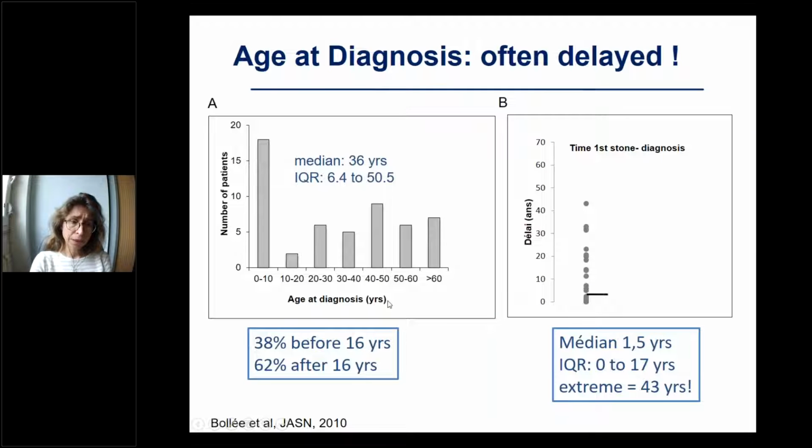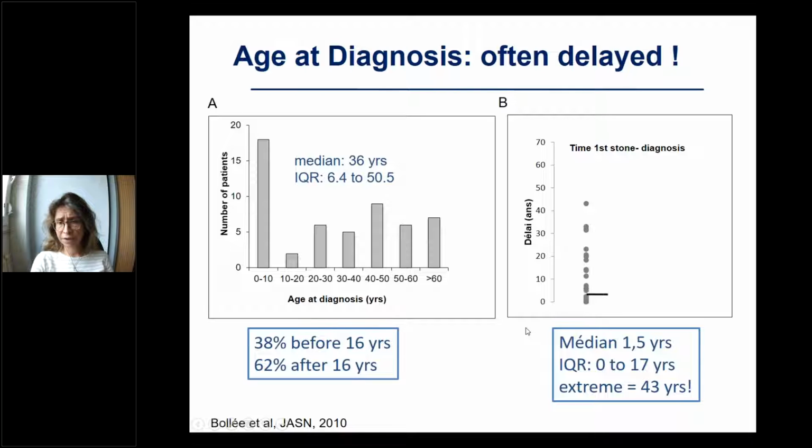If you look at the age of diagnosis, it is most of the time performed after 16 years of age. In 62% of patients, diagnosis will be performed after 16 years of age, and only in 38% of patients will it be performed in childhood, before 16 years of age. So there is a median age at diagnosis, which is 36 years.